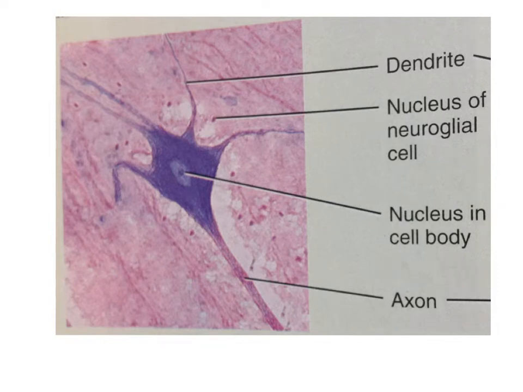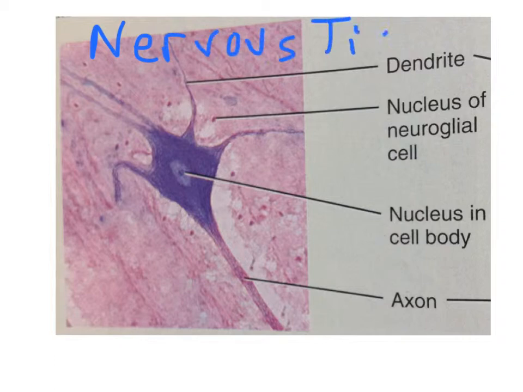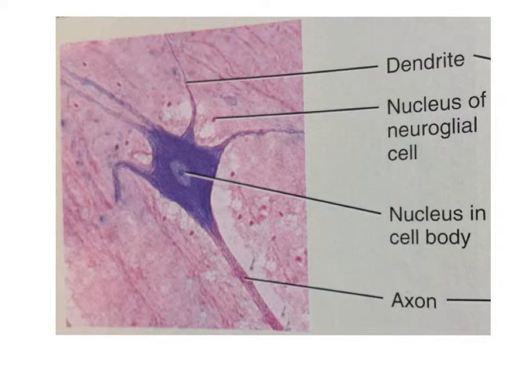Hello, anatomy students. In this podcast, I'm going to describe the structure, function, and locations of nervous tissue. Nervous tissue is made up of different types of nerve cells, which are called neurons.